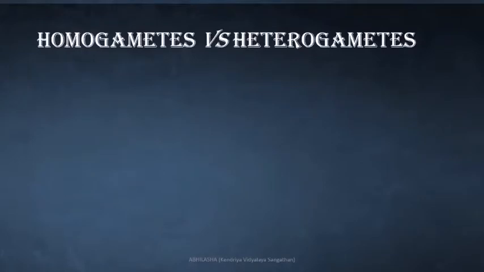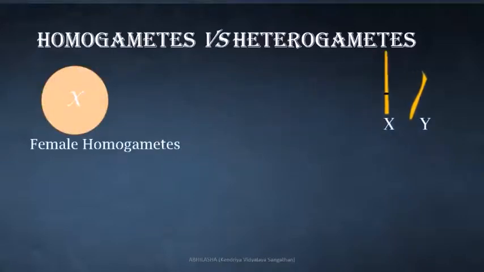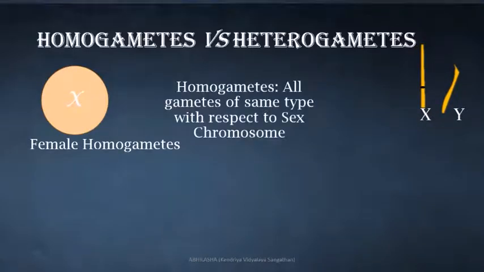These two terms are defined for gamete types with respect to sex chromosomes. You know that sex chromosomes can be of two types, X and Y. Now, with respect to gametes, there are two possibilities. All female gametes can have X chromosomes, then the female gametes will be all similar, and these will be called homogametes.